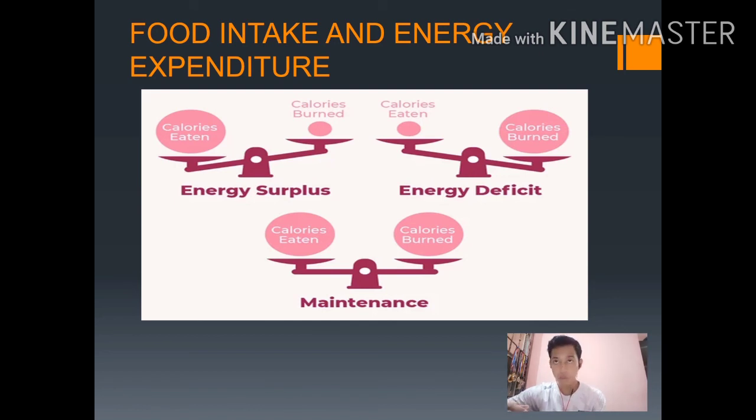So if people want to lose weight, they need to take fewer calories and burn more calories, so the weight will go down. So for people to gain weight, they need to eat a lot of food, such as protein, and they need to work out their muscles, and after that the weight will increase.